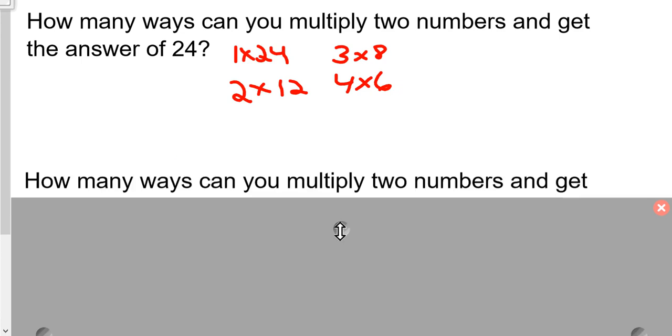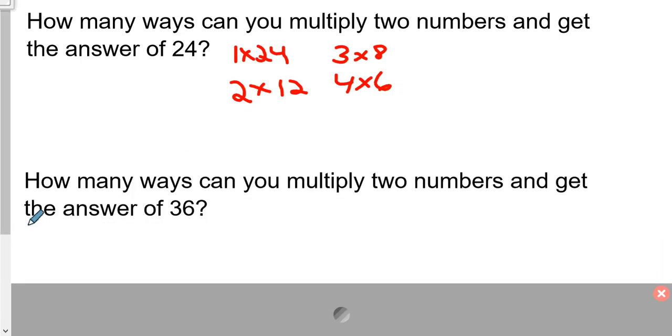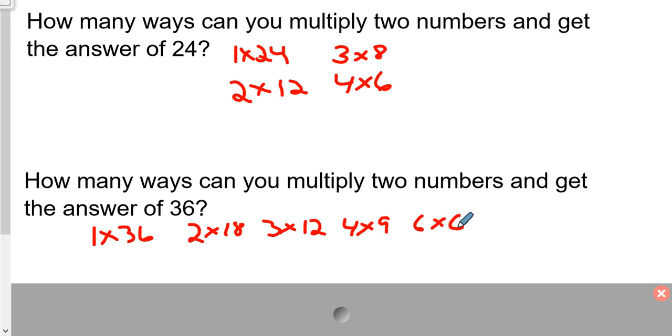I had you write down all the multiplication problems that equal 36. So of course you had 1 and 36. Then we had 2 and 18, 3 and 12, 4 and 9, and then 6 times 6.